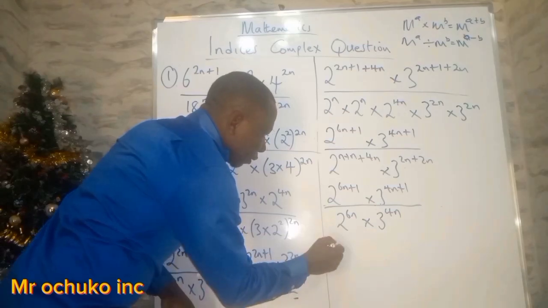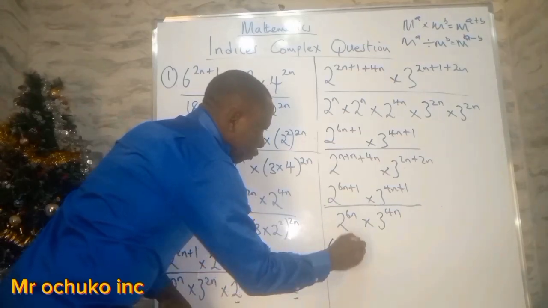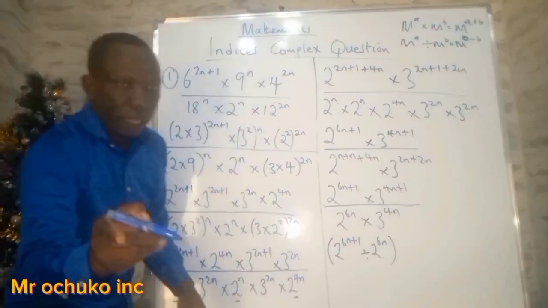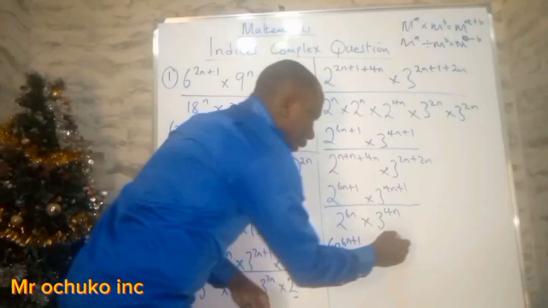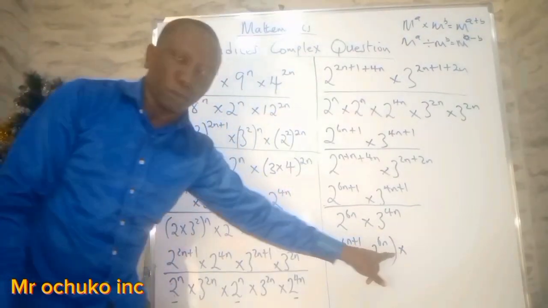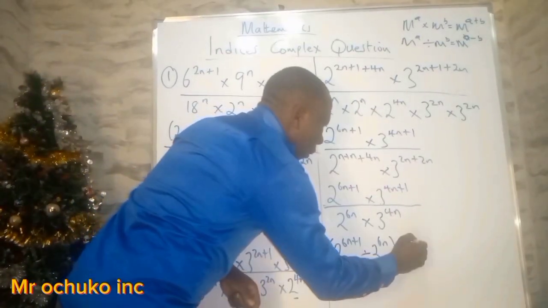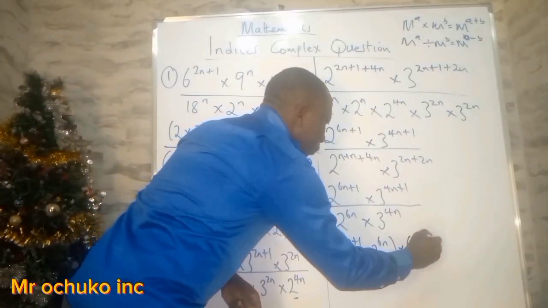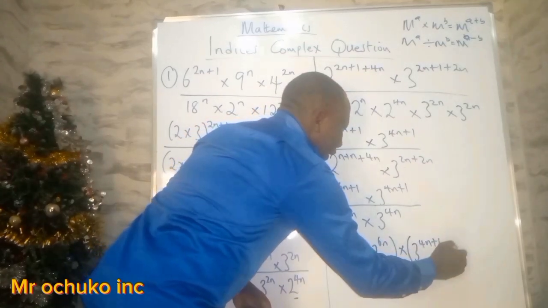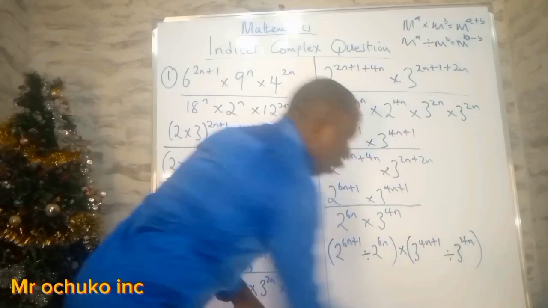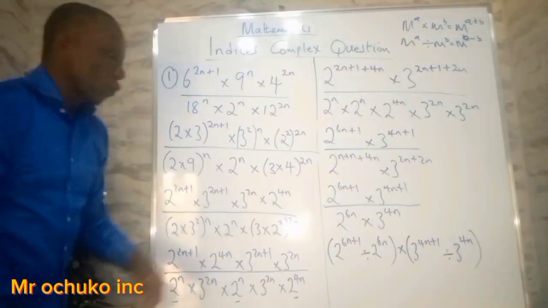I can say 2 raised to power 6n plus 1 is being divided by 2 raised to power 6n. Even if I don't put the multiplication sign, you know with 2 brackets it's multiplication. Then 3 raised to power 4n plus 1 is being divided by 3 raised to power 4n. So what's next?